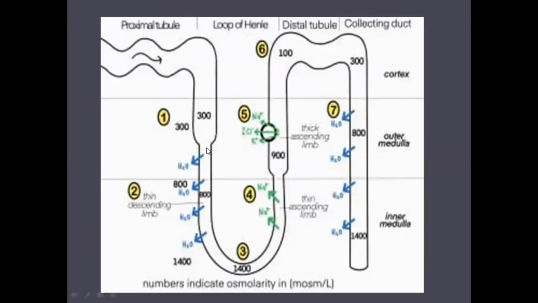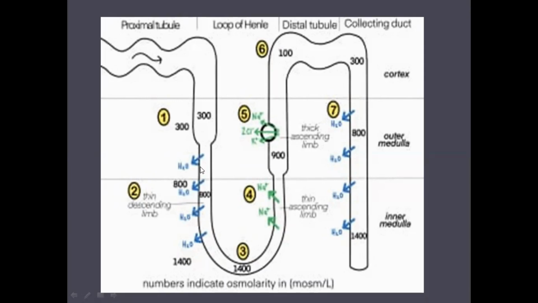This is the descending limb. All right, you are seeing it has a permeability such that only the water is going to be lost from the lumen into the medullary interstitium. The descending limb is impermeable to solute. Here, the thing that has to move out is your water.